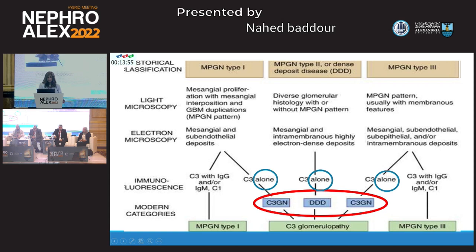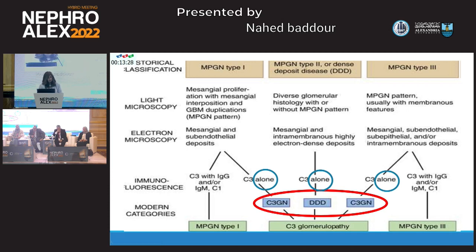On the other hand, MPGN type 3 is the same, and then in the middle you have the cigar-shaped electron-dense membranous deposits. Now, I copied this off of a reference as it is, but as you can see, I highlighted the word alone in the C3 deposits.